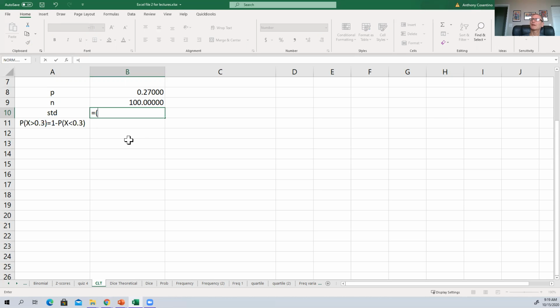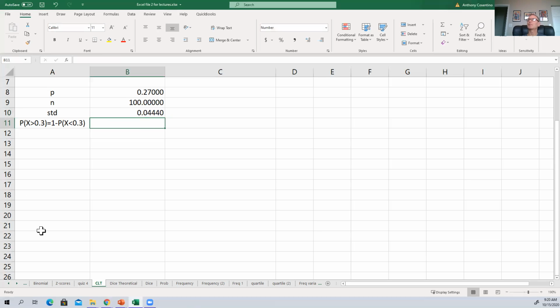I need a couple parentheses here. There we go. So you would hit 0.27 into parentheses, and then multiply it by 1 minus 0.27, and then divide it by n, which is 100, and then you take the square root of that.